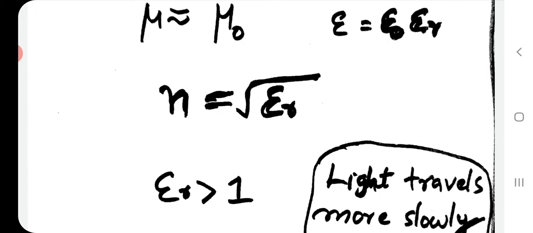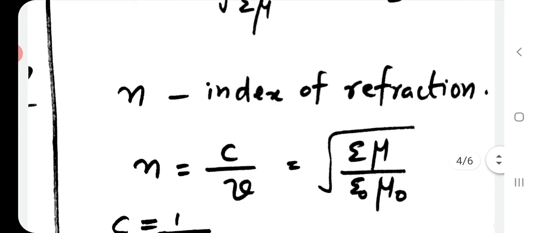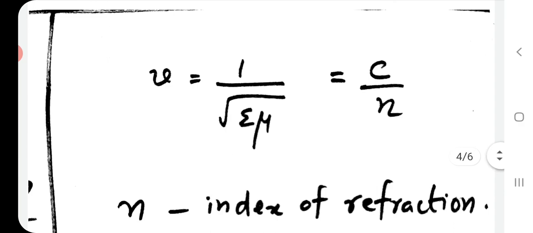And epsilon r is always greater than 1. That means n will always be greater than 1. So n equal to c by v, so v is equal to c by n, and n is greater than 1.